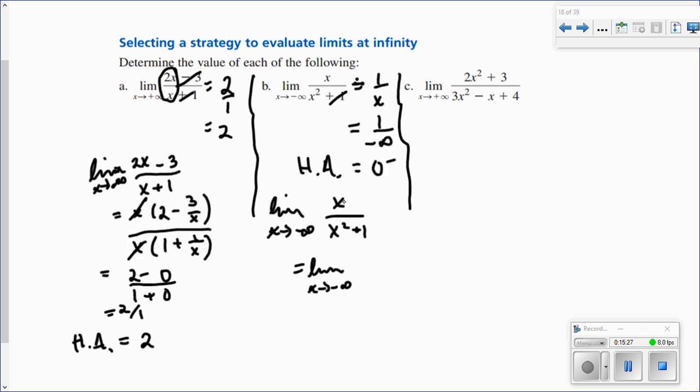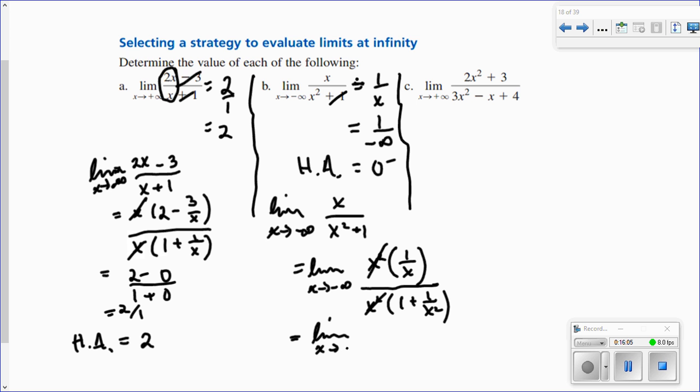Let's take out the highest degree, so the biggest term is x squared, and I'm going to factor out x squared from the numerator. If I factor out an x squared, I'm left with 1 over x, and if I factor out an x squared from the denominator, I'm left with 1 plus 1 over x squared. Does that make sense? Now I cancel and evaluate.